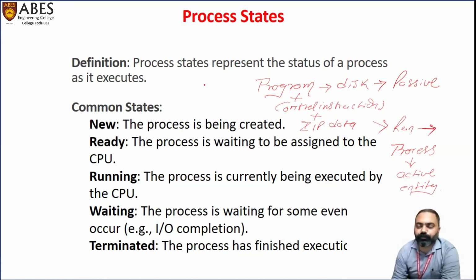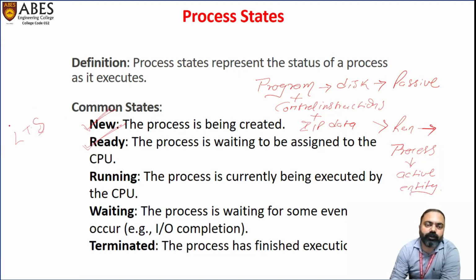Okay. So, what will be the states of a process? New process: when a process arrives or is created in the system, then this is the new process. The state will be new. What is the ready process? There is a module called LTS, long-term scheduler.